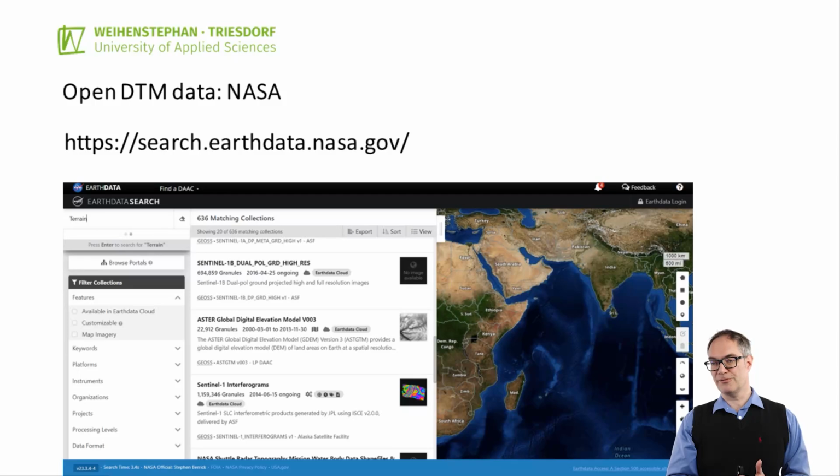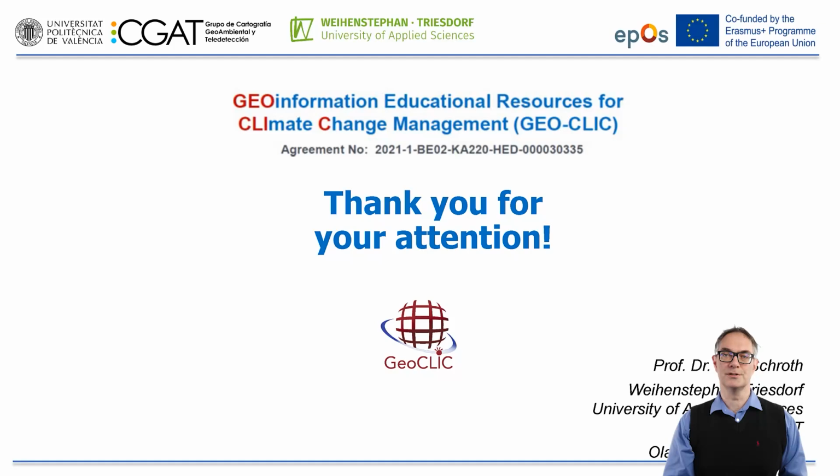From local surveying institutions, you can get data as precise as 1 meter resolution, so one elevation point every 1 meter. You would have to look into your local surveying institutions or contact them. But globally, you can start working with the NASA data, which has a 30-meter resolution. So try that out, look for terrain data, and I will see you for the next lesson.